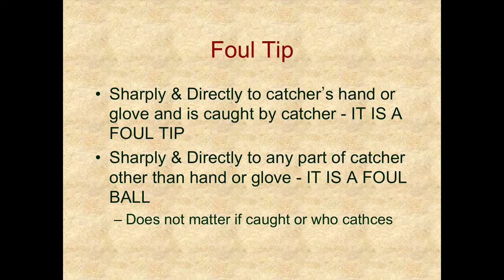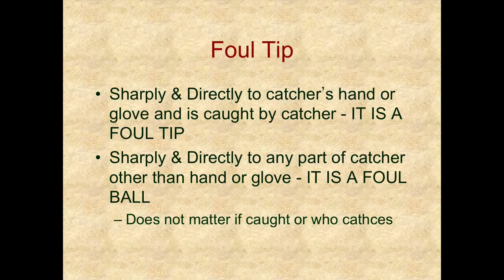So, if the ball loops upward or goes off to the side, that ball cannot be a foul tip since it did not satisfy the first criteria, sharply and directly. What happens after that is immaterial since it has already taken itself out of the foul tip category.